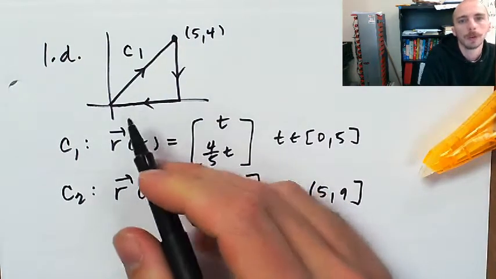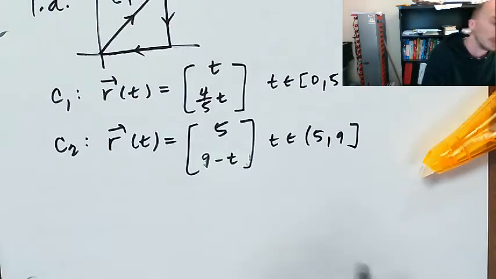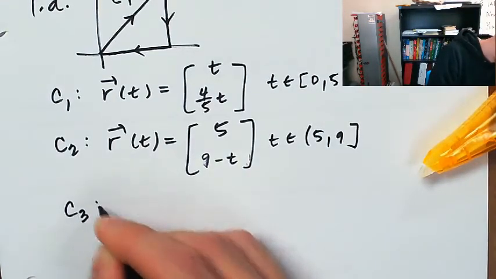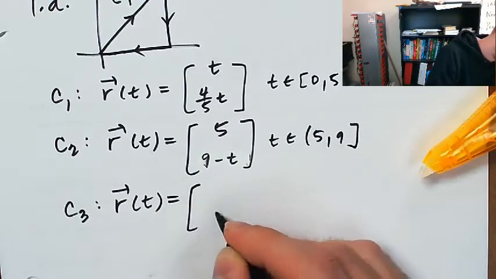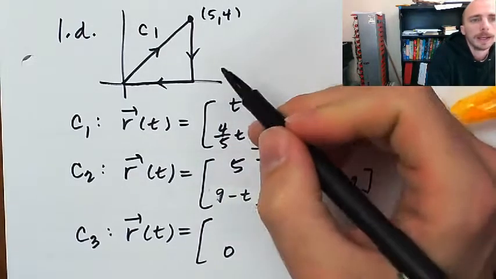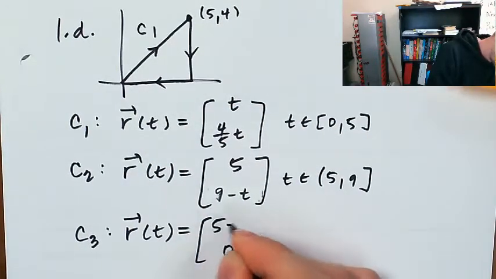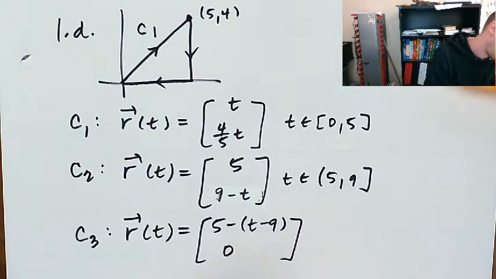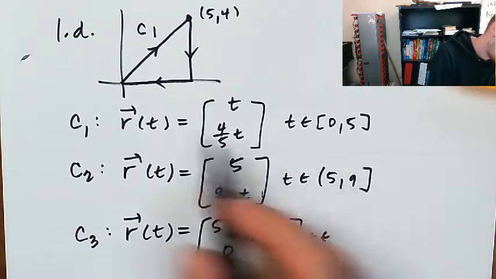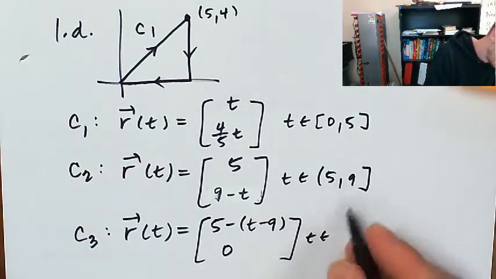And the third part of the curve is along the x-axis, so that's going to be y is 0 the whole time and x is decreasing. So r of t is going to be, all right, y is 0. And x starts over here at 5 and decreases, so you would think 5 minus t, but we're going to offset t by 9. Okay. And that's for t being between 9 and 14.